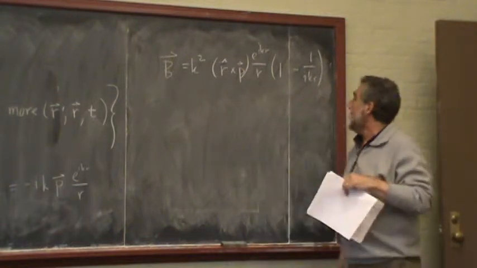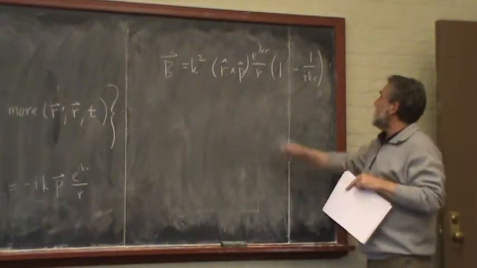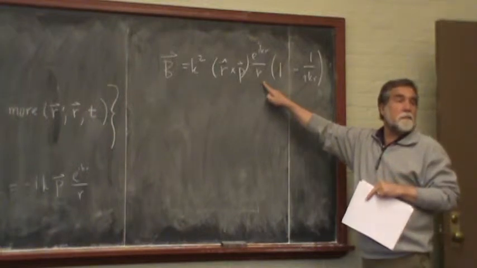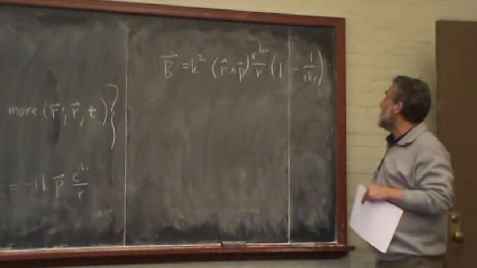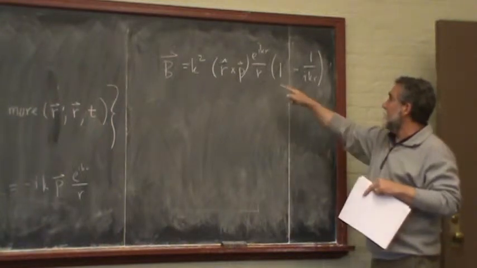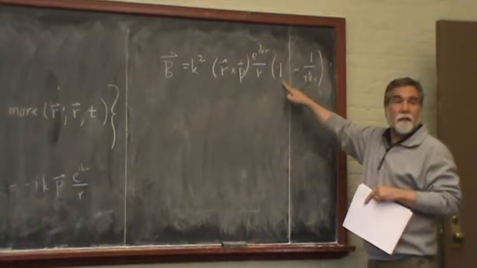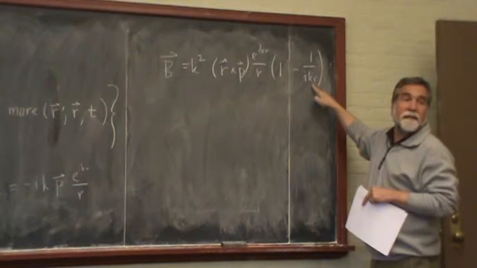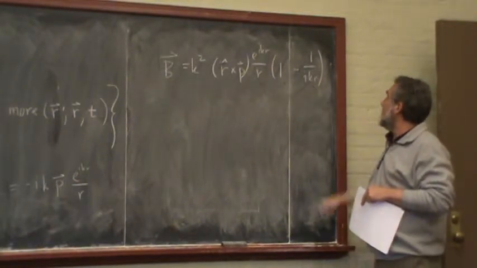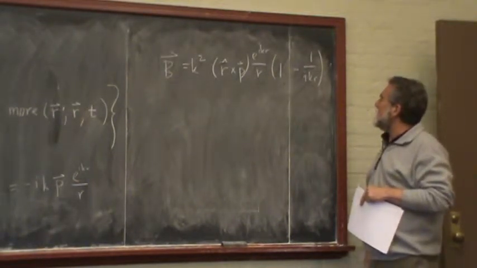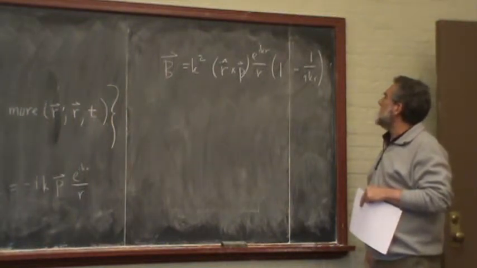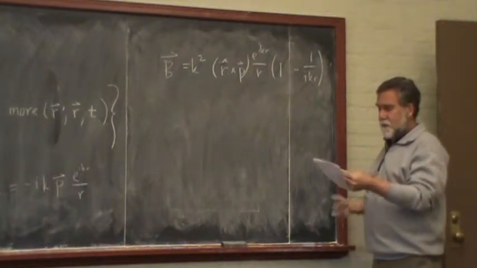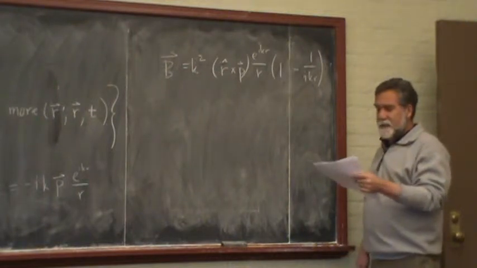And it's a dipole oscillating field dropping off as 1 over r. The overall magnitude drops off as 1 over r. There is an additional term here that's out of phase.